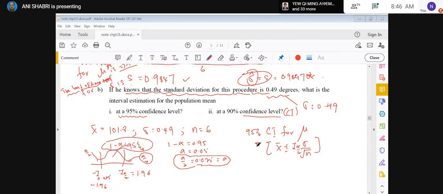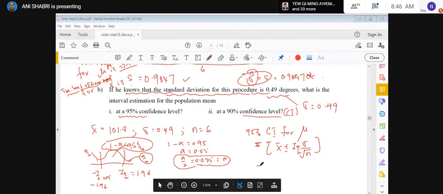We already have all the values, so we just put in x bar 1.8 plus minus Z alpha 1.96 times sigma 0.49 divided by square root of 6.